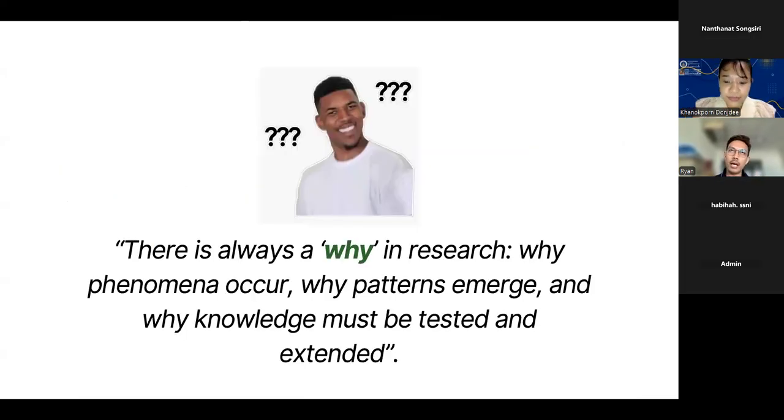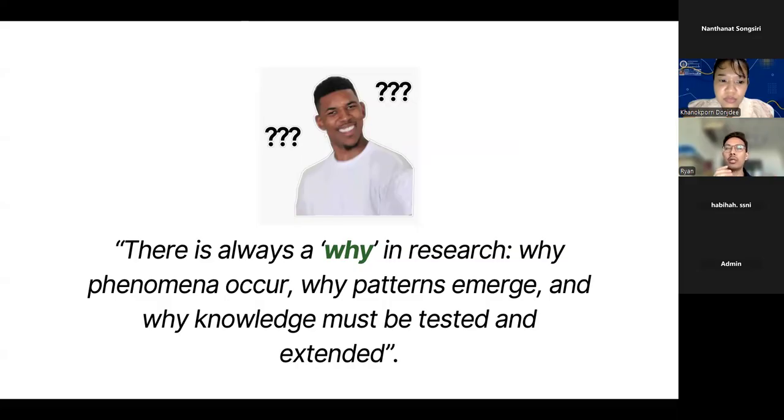And then, in conclusion, research is based on why. So justification justifies all of the sentences, all of the arguments, all of the words that you mention in your writing. There is always a why in research: why phenomena occur, why patterns emerge, why knowledge must be tested and extended.